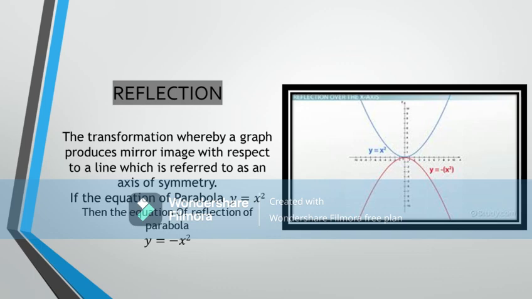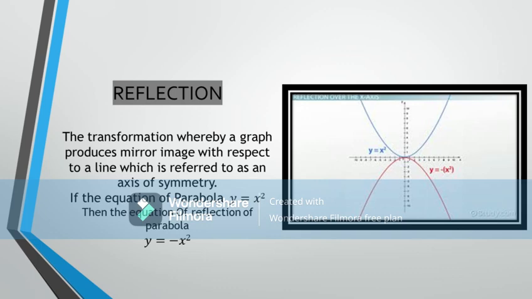Here the parabola is shown in blue color, y = x², while the reflection of the parabola is shown in red color. In this situation, the shape of the graph remains the same.